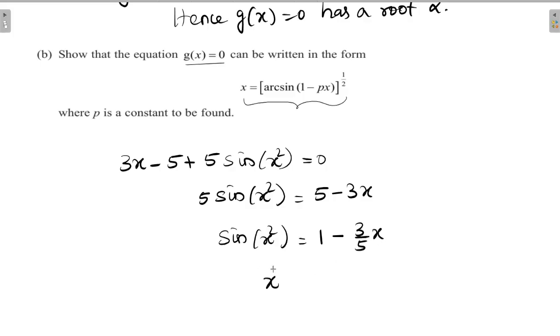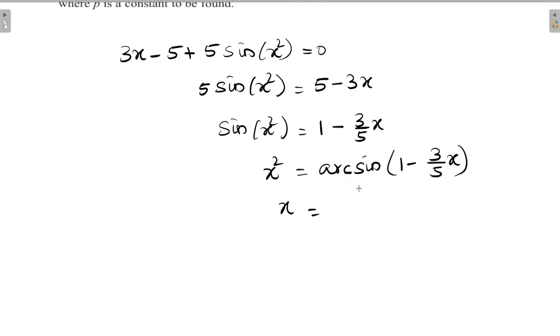x² is equal to, let us turn this sine to the right-hand side. So it is going to be sine inverse, let us write arcsin of (1 − 3/5 x). So x is equal to, this x² is this expression, x is equal to power 1/2 or square root of.